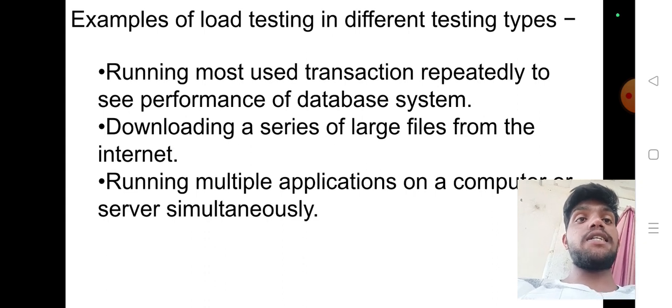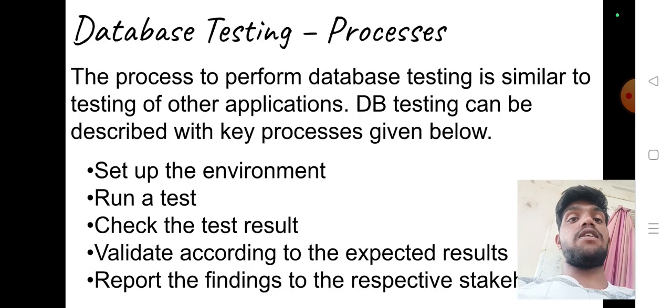Examples of load testing in different testing types: running most-used transactions repeatedly to see the performance of the database system, downloading a series of large files from the internet, and running multiple applications on a computer or server individually.